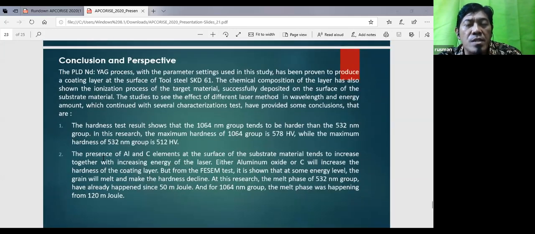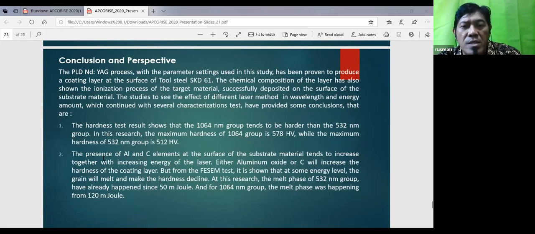And for the conclusion and perspective, the PLD process with the parameters used in this study has been proven to produce a coating layer, referring to the chemical analysis. The study to see the effect of the different laser method by wavelength and energy has found several conclusions. One, the hardness test results show the 1064 group tends to be harder than 532.